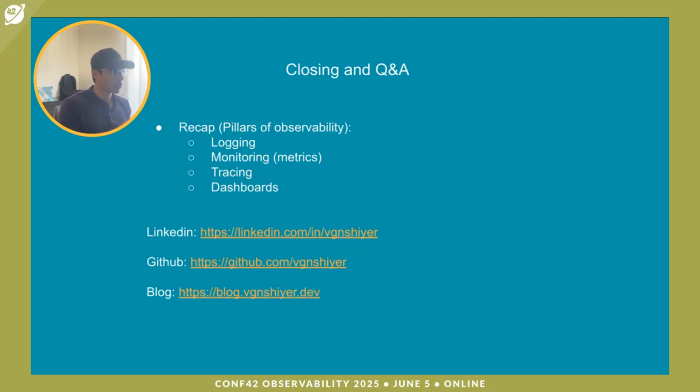Now, quickly giving a summary of what we have discussed so far. We discussed the 4 pillars of observability, starting with logging. This helps you answer questions like what is happening in my system, so that I can identify any issues that are going on by looking at the logs itself. Metrics helps you answer questions like, how can I quantify the performance of my system?